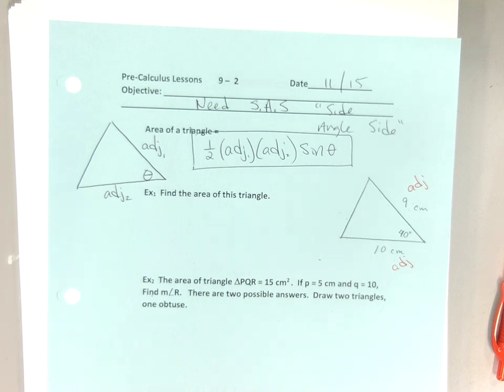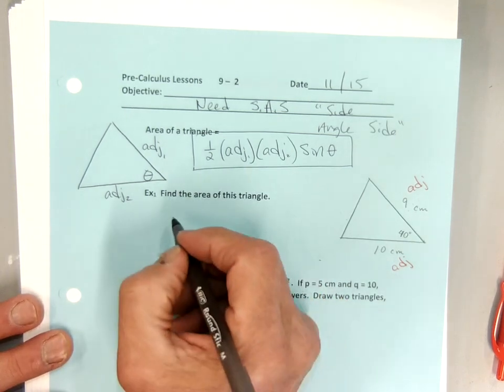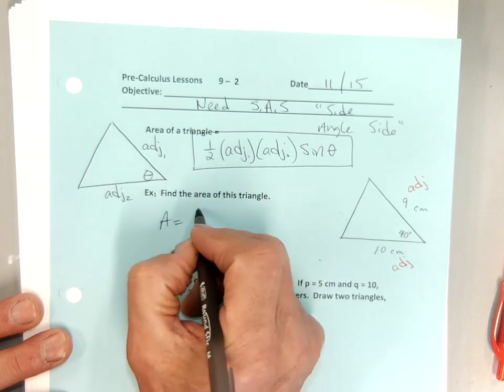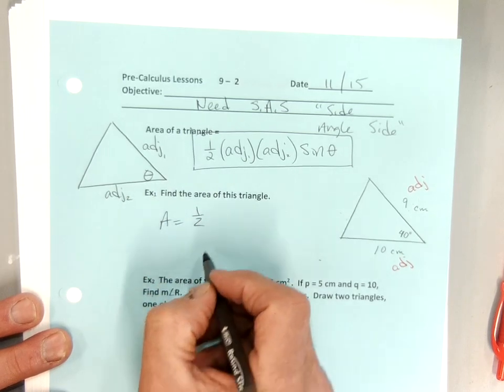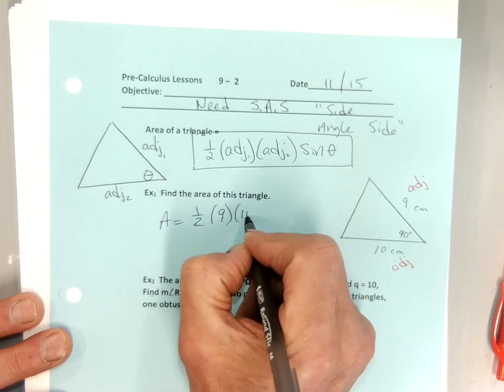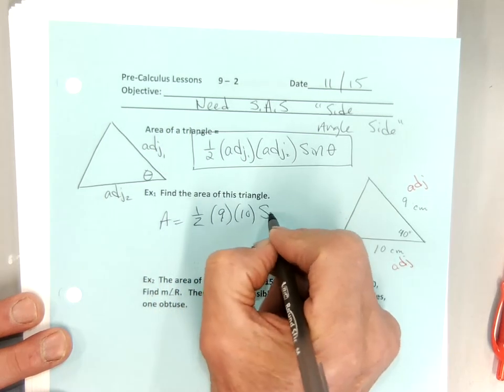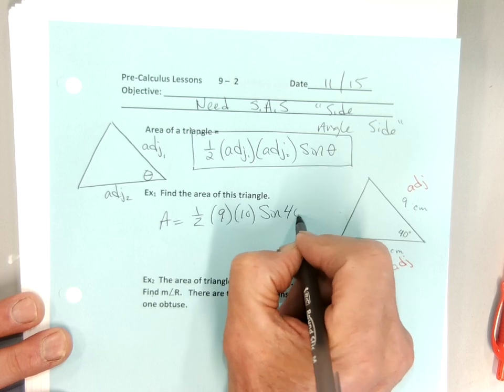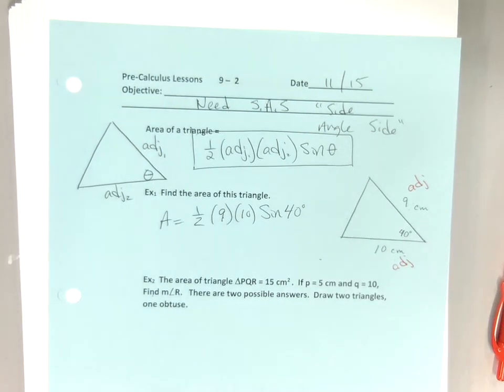So example 1, this triangle is easy. The area of this triangle is just area equals 1/2 times 9 times 10 times sine of 40.